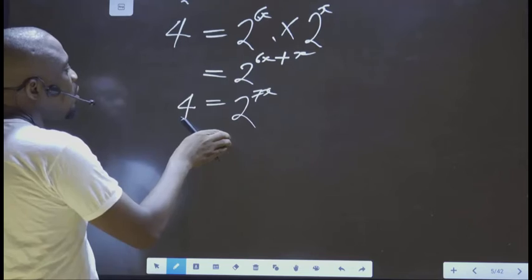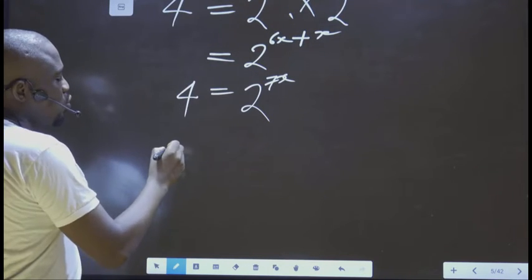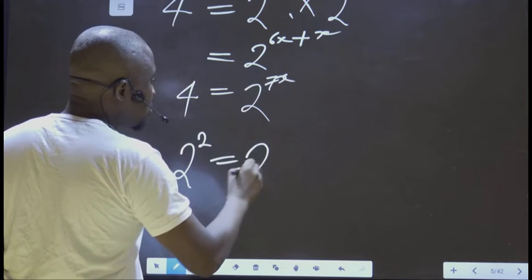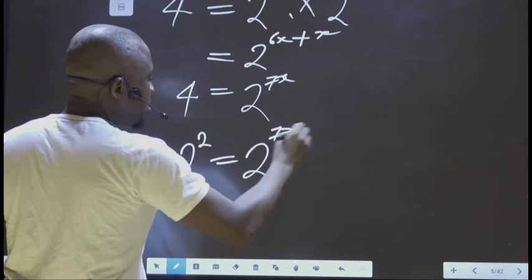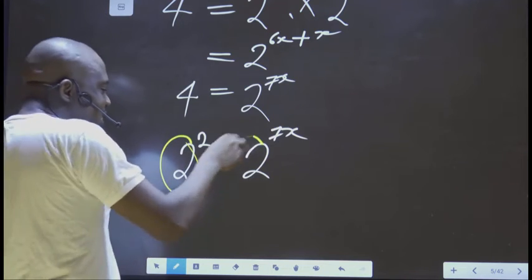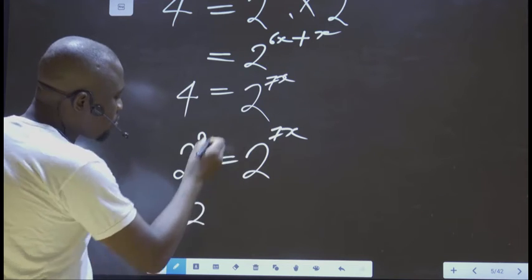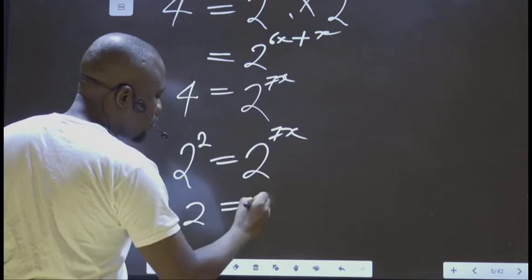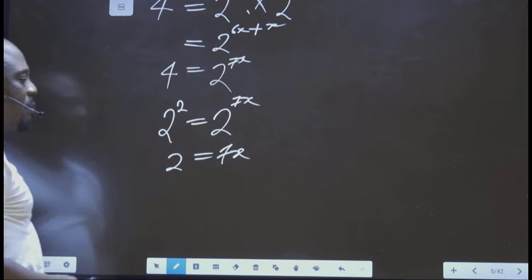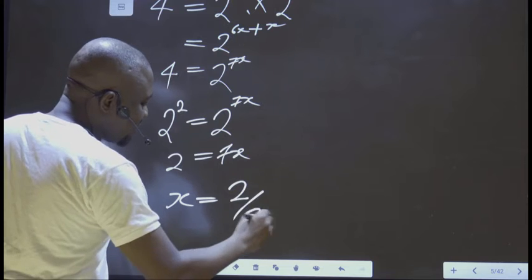We have 4 here. What next now? What is this? This is 2 raised to the power 2. Therefore, you agree with me that because this and this are equal, I can also say this 2 is equals to 7x. Okay? My x, therefore, is equals to 2 over 7.